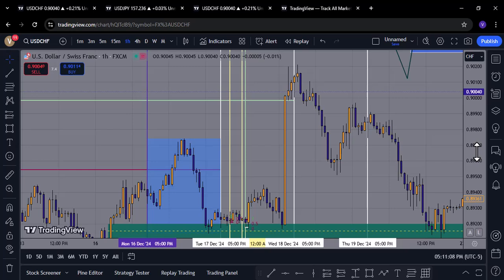Also, whenever price moves to a fair value gap or an order block, all these key levels and PD arrays, they cause price to react, and that reaction can be either a reversal or a retracement. But to stay on the safe side, just focus on catching the reversals. If you can catch the reversals, that's fine.